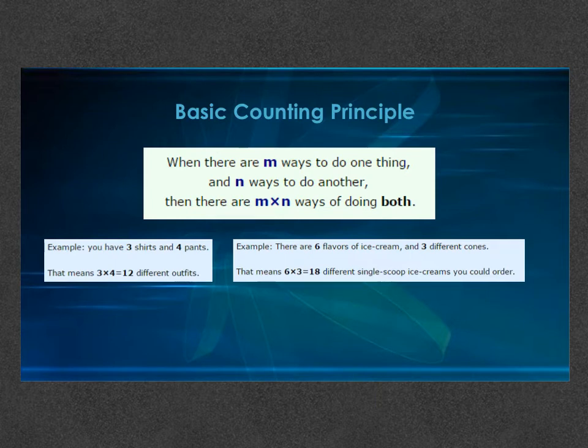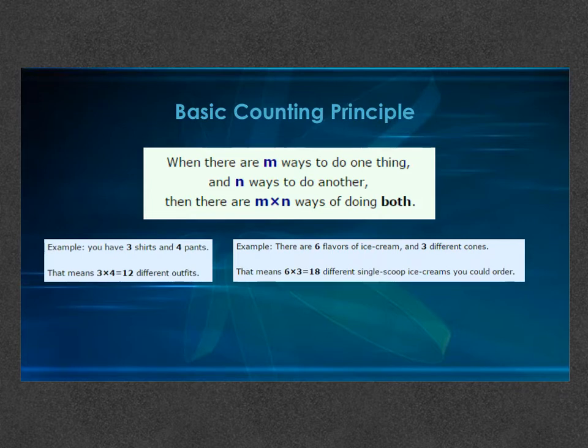Looking back at the last section, if we were flipping a coin and wanted to figure out how many combinations of the coin and the die, there'd be 2 options for a coin and 6 options for a die. We could pair them all up, or we would know that 2 times 6 is 12, the total number of outcomes.